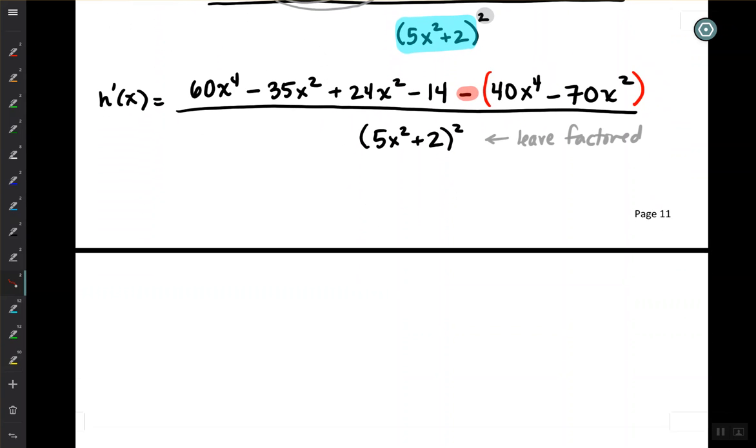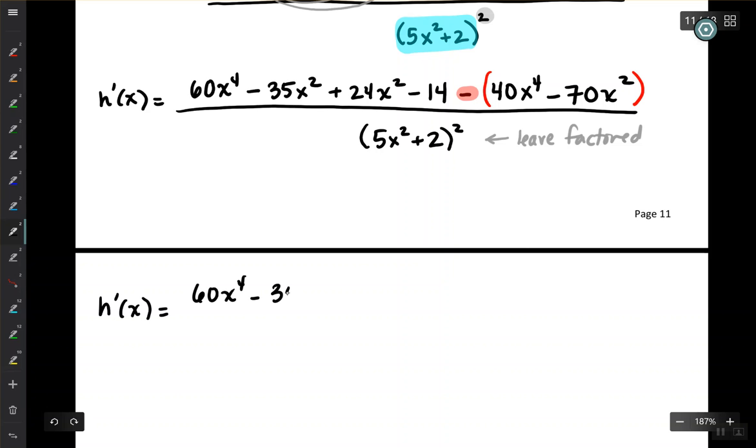Right? So here, let's just distribute that negative and combine some like terms. Minus 35 plus 24 is minus 11x squared, minus 14.